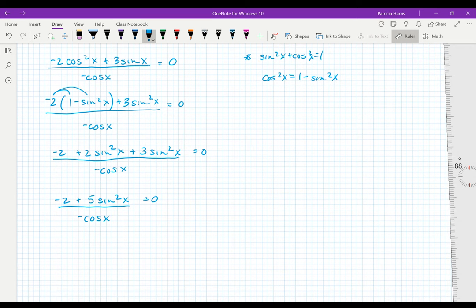We have a rational function, which means a fractional function, with sine and cosine. Okay, so what we want to do is we want to figure out where the top is equal to 0.